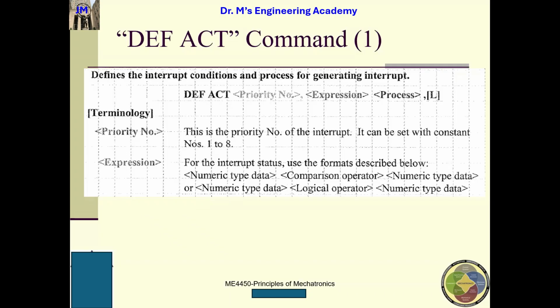Within this context, in the computer world, interrupt means that I have a program running, but there is an interrupt. Maybe there is some emergency the processor needs to handle. And then the processor needs to stop running the current program and handle something else. This is what interrupt means.